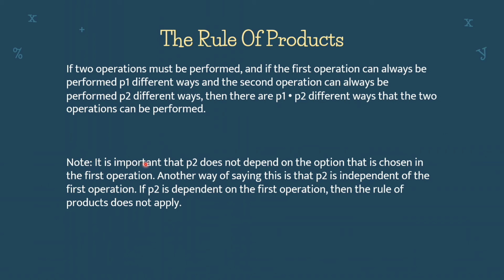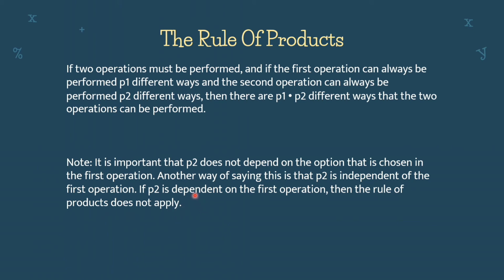So, we have a note here. It is important that P2 does not depend on the option that is chosen in the first operation. Another way of saying this is that P2 is independent of the first operation. If P2 is dependent on the first operation, then the rule of product does not apply.